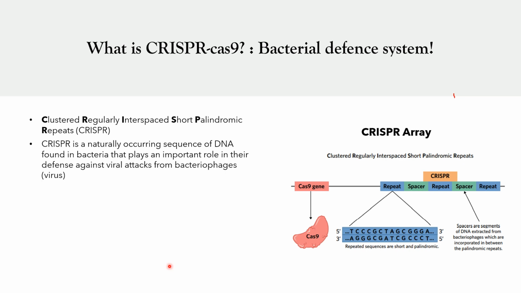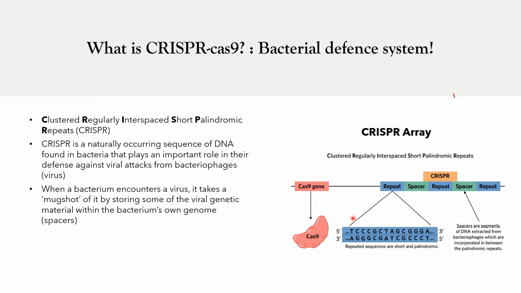Okay. So CRISPR, as I said, is a naturally occurring sequence of DNA found in bacteria, and it plays an important role in the defense against viral attacks from bacteriophages. A bacteriophage is a virus that infects a bacterium. And so CRISPR is involved in defending the bacteria against these viruses. When a bacterium encounters this virus, it takes a mugshot of it, kind of like a photograph, by storing some of its viral genetic material within the bacterium's own genome.